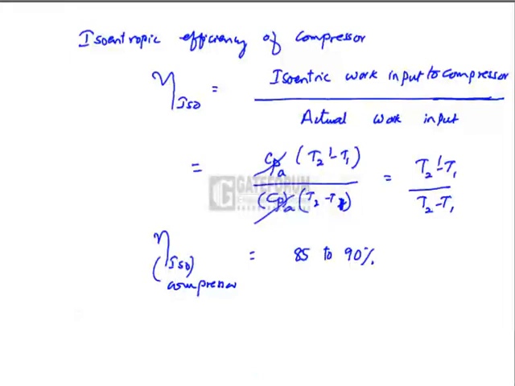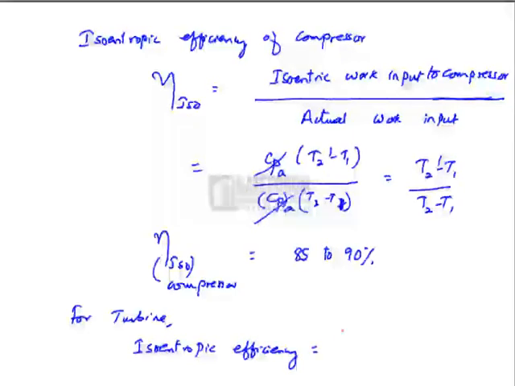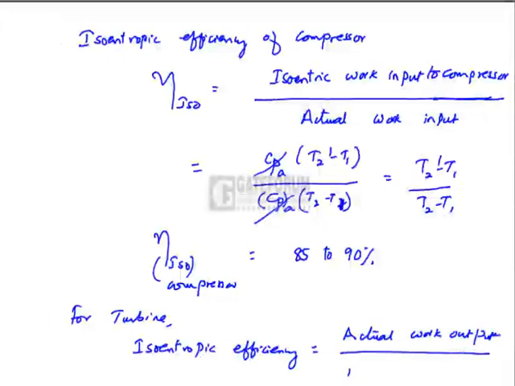Similarly, for the turbine, isentropic efficiency is defined as actual work output of the turbine divided by isentropic work output, that is, frictionless adiabatic work output is the isentropic work output.